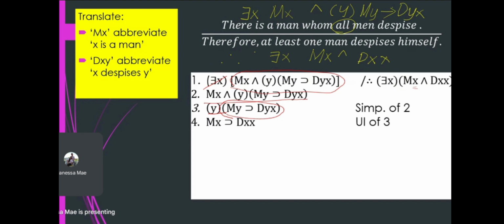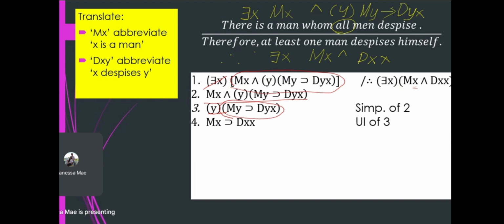Okay, so what to do next is, what can we do so that dxx remains? We can recall that we can use modus ponens. The premise implies the conclusion. If we affirm our premise, the result is affirming our conclusion.